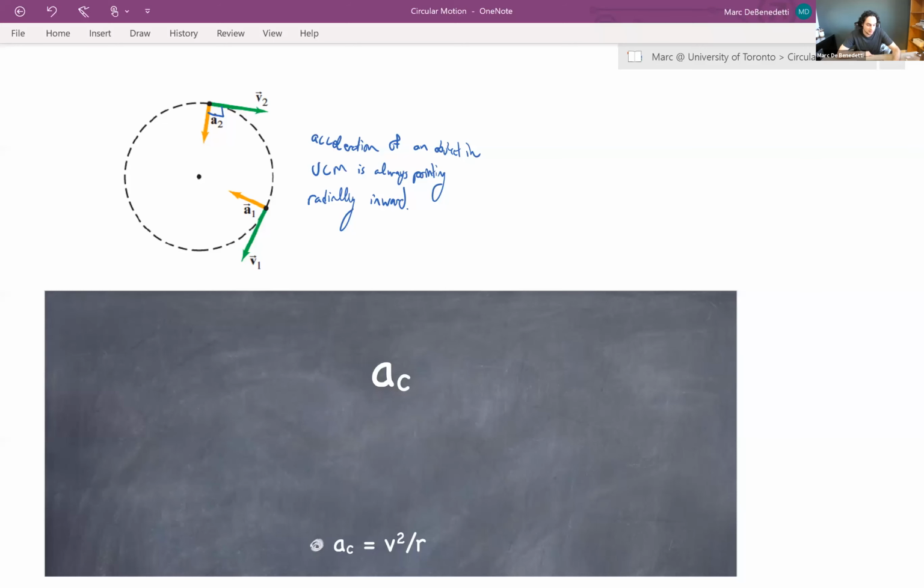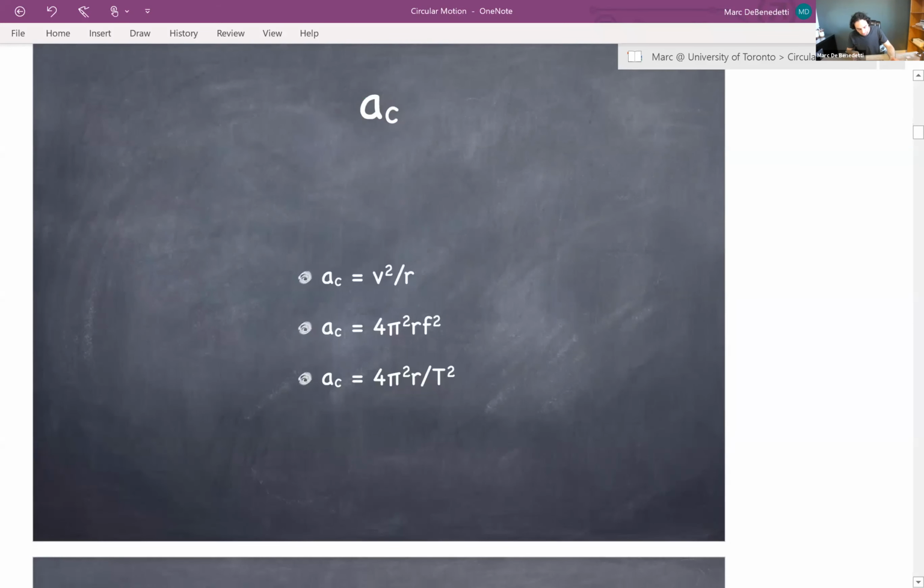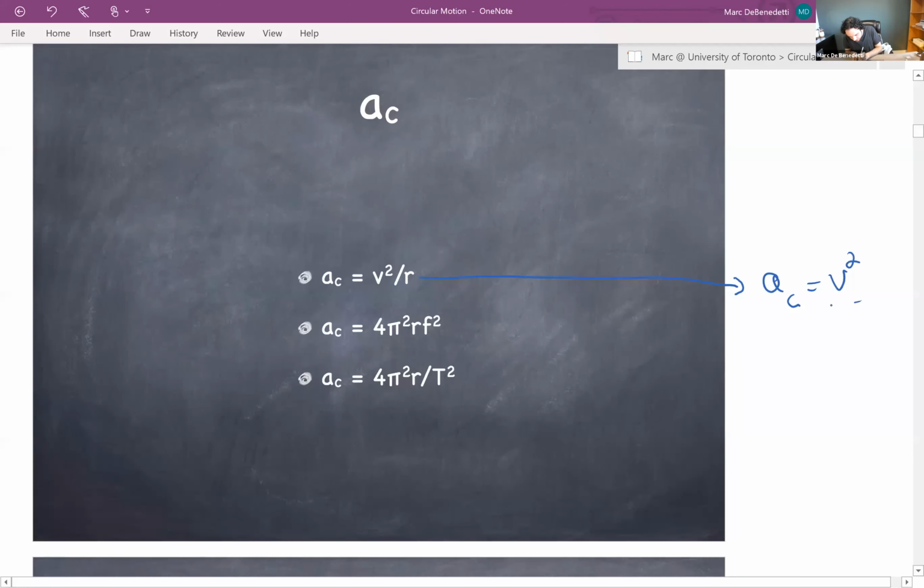However, you're gonna have to trust me here. The derivation of the formula for the circular acceleration is just tedious. There's really no physical insight that you can gain from the derivation. So I've left the derivation out, and I'm just gonna tell you the formula. So the main formula is that the centripetal acceleration is equal to the speed squared divided by the radius.